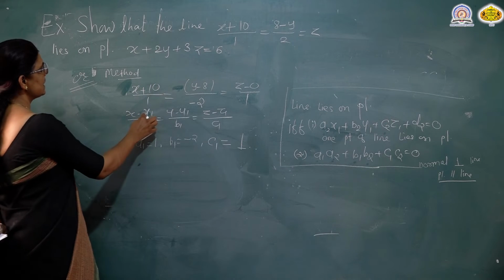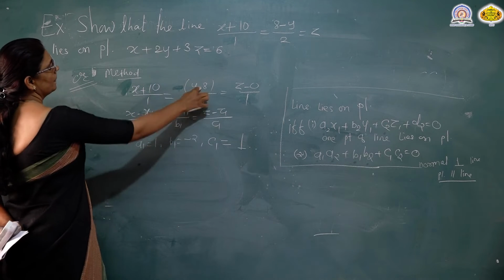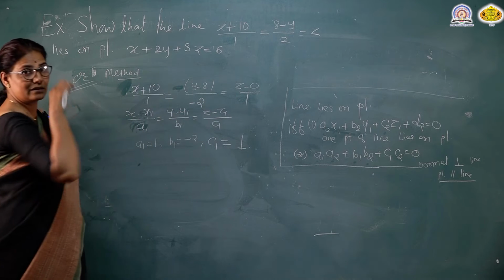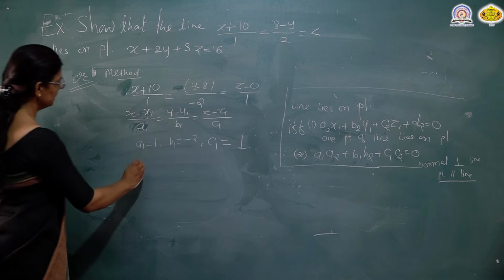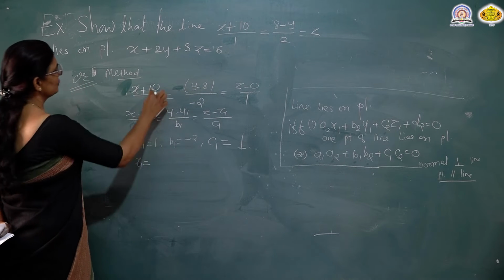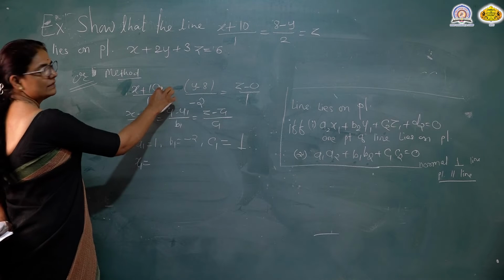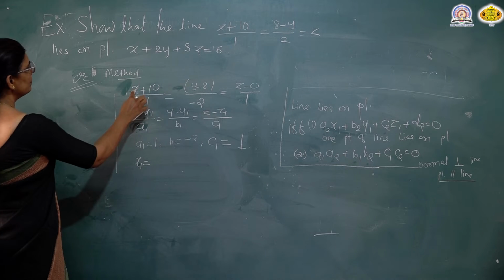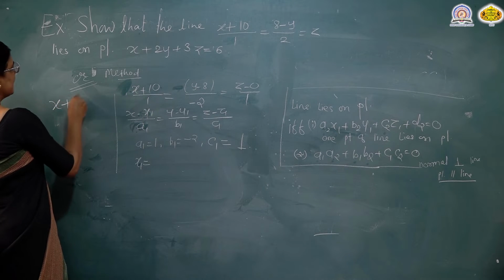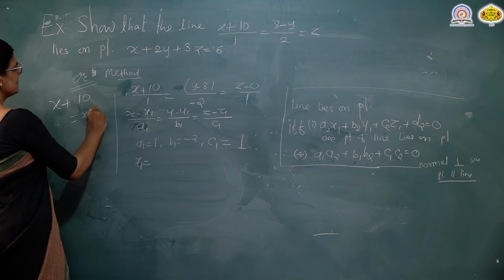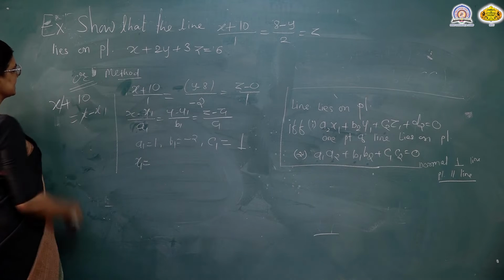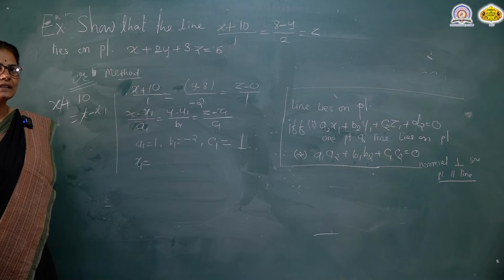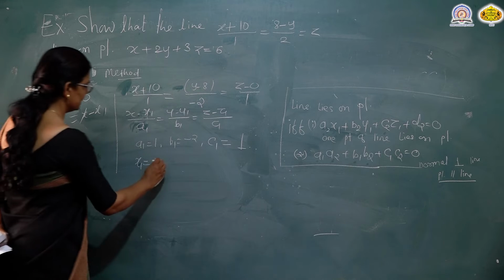And with these three numbers, if I compare, write the values of x1, y1, z1. Comparing x plus 10 with x minus x1, x gets cancelled, 10 equals to minus x1, that is x1 is minus 10.